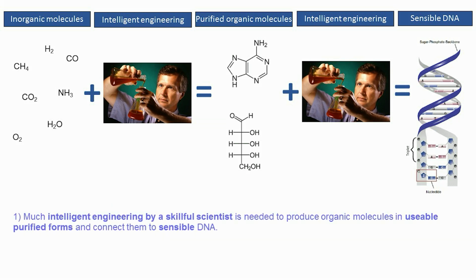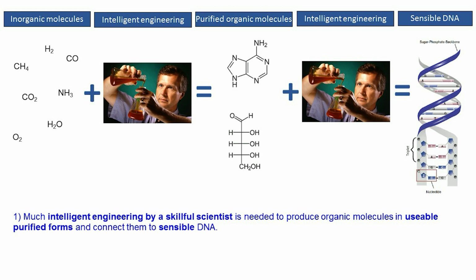First, the results, or better, the ways on which these results could only be achieved, underlined that much intelligent engineering by a skillful scientist is needed to produce organic molecules in usable, purified forms and connect them to sensible DNA.